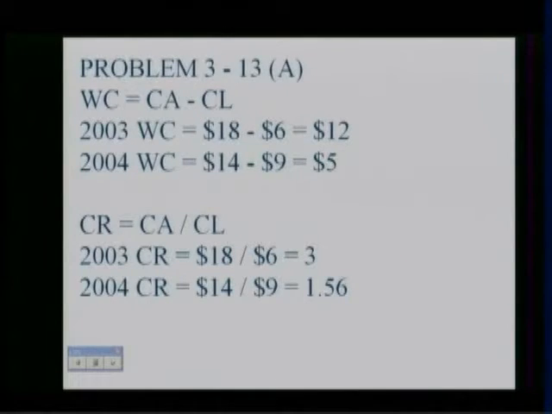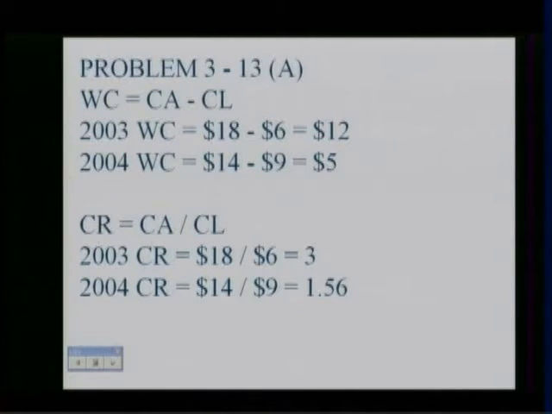So remember, working capital is simply current assets minus current liabilities, and you're going to get a dollar amount. For 2003, your current assets are $18. Your current liabilities are $6, so you get a working capital of $12. In 2004, your current assets are $14,000. Your current liabilities are $9, so that leaves you with $5,000 of working capital.